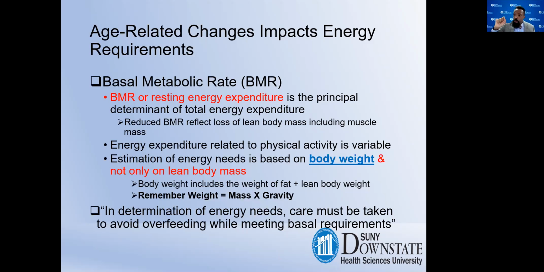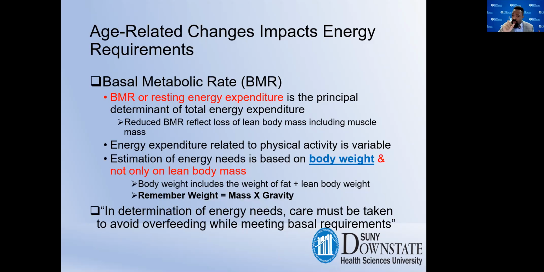The basal metabolic rate is in essence the amount of energy that the body burns while we're resting. So the basal metabolic rate, or BMR, or the resting energy expenditure, is the key or principal determinant of the amount of energy that the body burns.